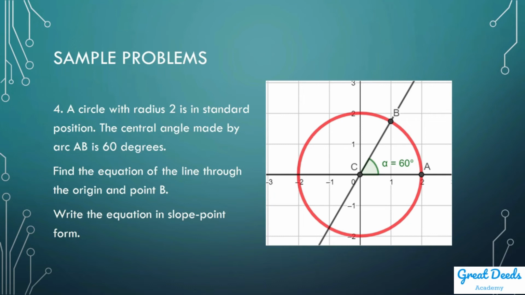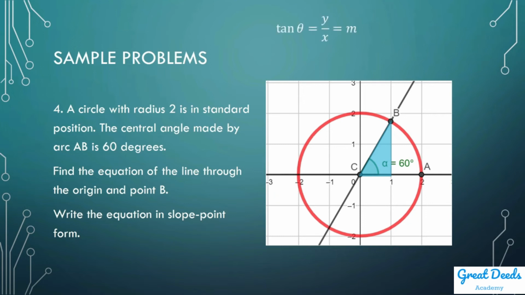Well, I hope that you can still remember your basic trigonometry, your SOHCAHTOA. Point B and the angle define a right triangle. That blue triangle is a right triangle wherein alpha is equal to 60 degrees.